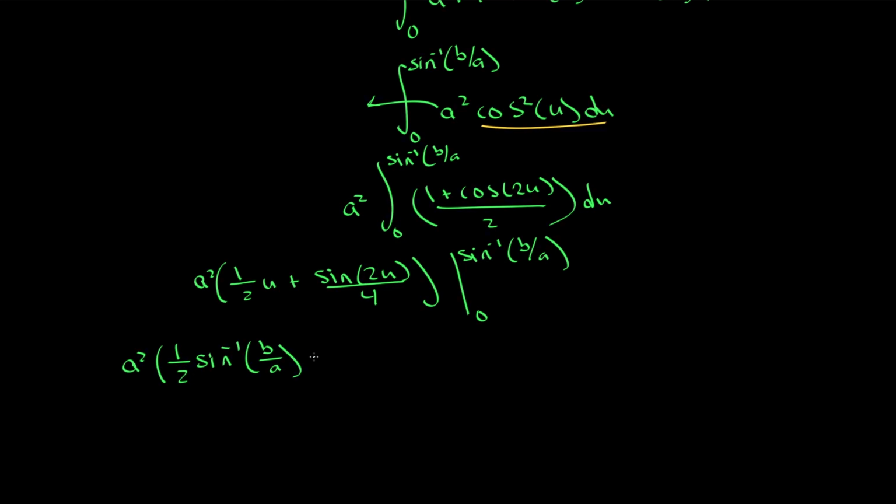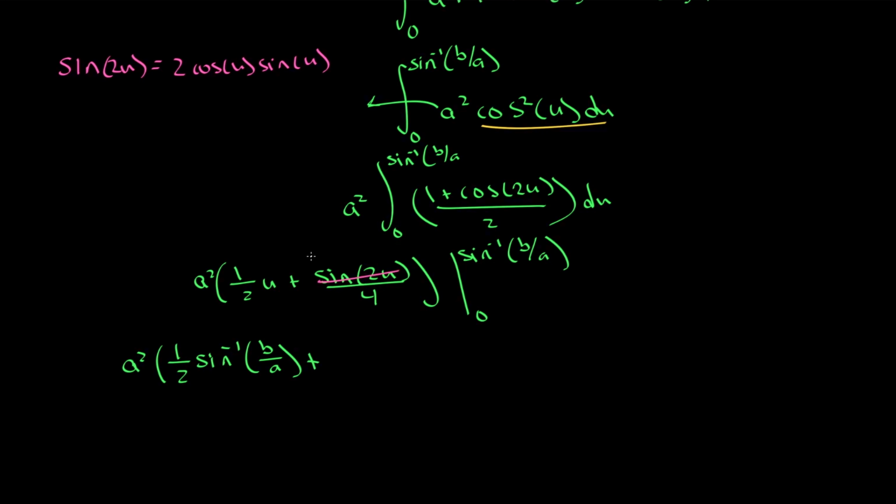And then we have plus, and this guy looks like to be a little bit of a problem, but we do know another trig identity. We know that sine of 2u is 2 times cosine of u times sine of u. So that will help us out. So we're going to use that.